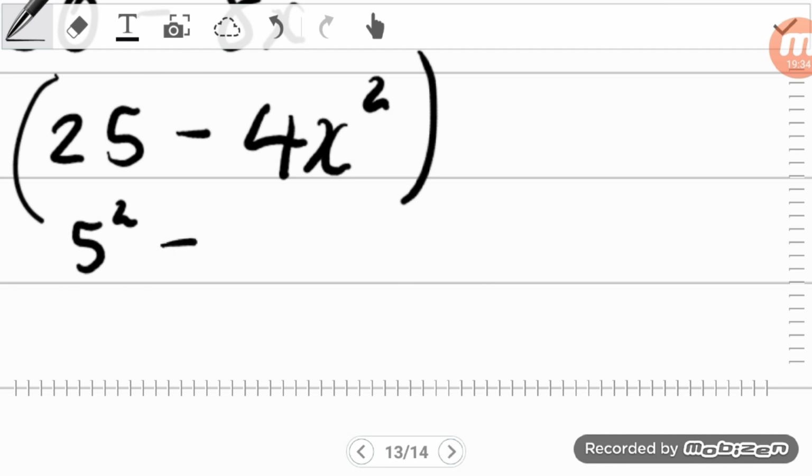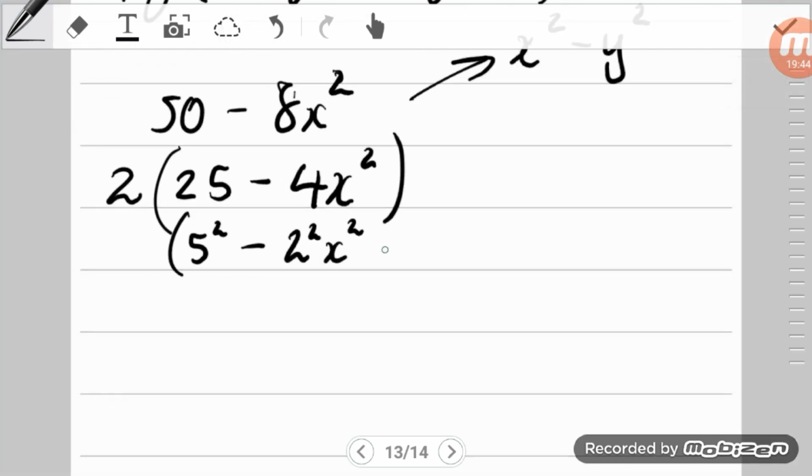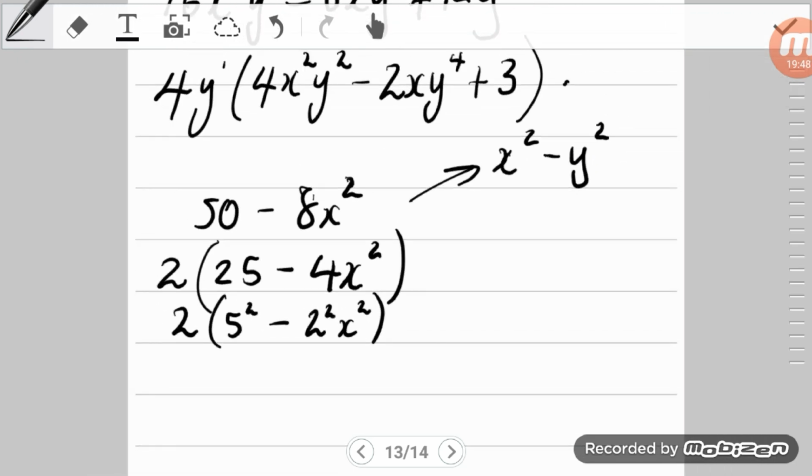And there's actually a number that you can square to get 4, so that's 2 squared. And we all know that x is already squared, all right? So now you can see that it has that general formation of a difference of two squares. That is x squared take away y squared. All right, so that is now where we can go a bit further.